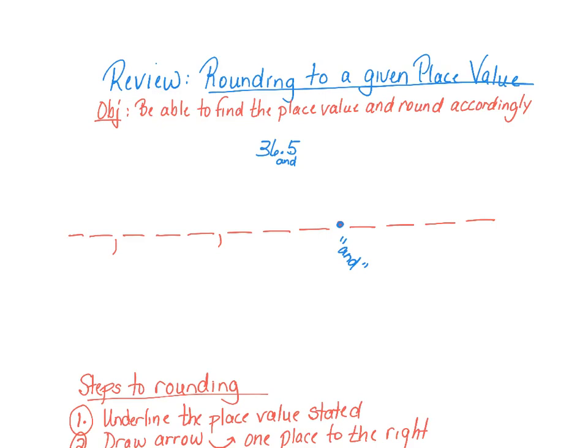Okay, the first one to the left is called the ones, not the once. It's the ones or whole number. We're going to be using whole number throughout this lesson. If it says whole number, that's this place value.